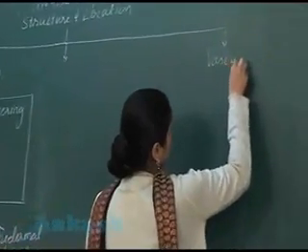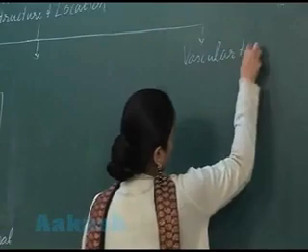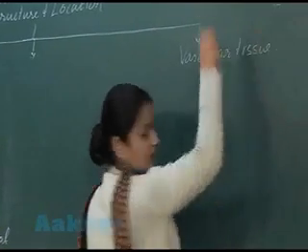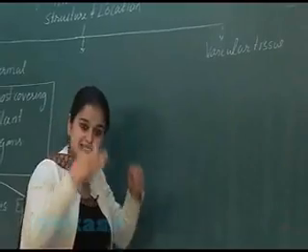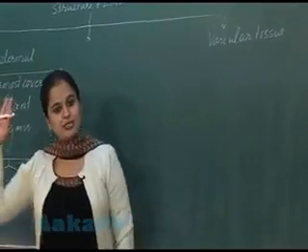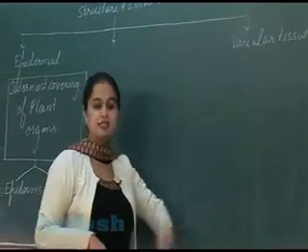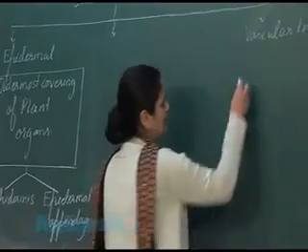the vascular tissue system. Now the vascular tissue system is present in the center. That was the outermost covering; this is present in the central part.